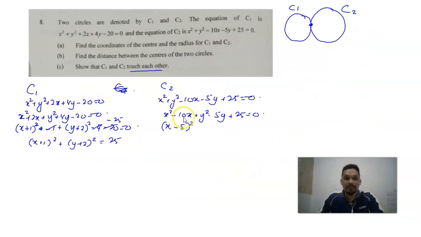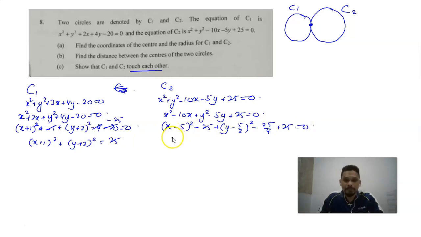Okay, so negative 10 over 2, negative 5 squared, minus negative 10 over 2, negative 5 squared is 25. Plus, y squared minus 5 over 2, minus 5 over 2 squared, minus negative 5 over 2, okay, negative 5 over 2 squared is 25 over 4, plus 25 equal to 0.